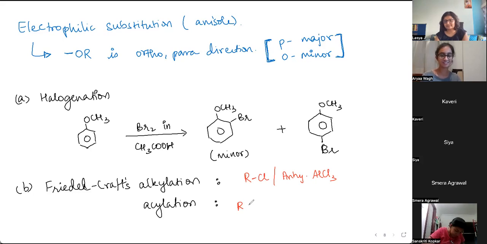So this is acyl group. C double bond O attached is acylation. Specifically, if you talk about CH3COCl, this is acylation. Introducing this group, the reagent you use is RCOCl and anhydrous AlCl3.